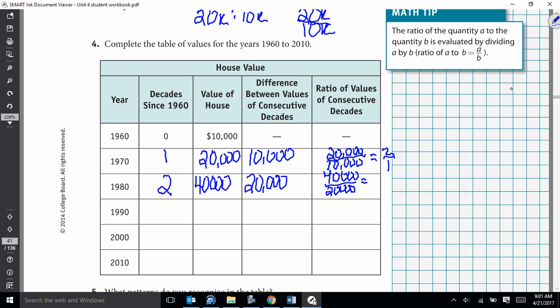And this ratio reduces to what? Which reduces to 2. All right, so do we feel comfortable to fill in the rest of this table? Let's take 1 minute to do that.